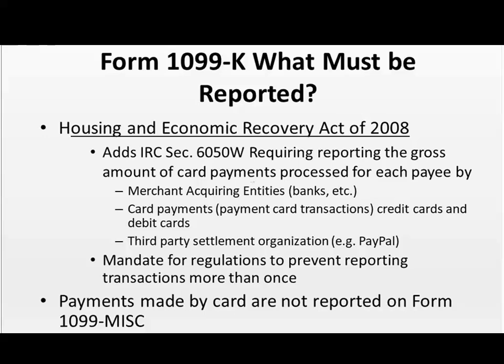As well as, I know I do this all the time, at the grocery store or the drugstore, I'll take cash back with a purchase, and that is also included on the 1099-K, and of course the merchant's going to have to sort that out as well, and any other non-taxable things that are included on that payment.